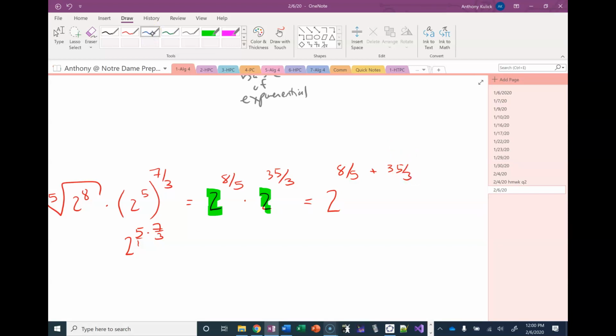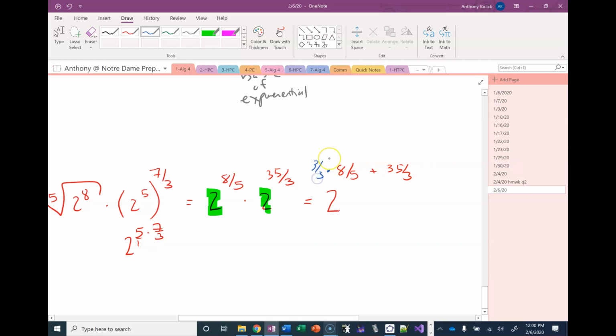In order to add those two fractions, what do I have to have? Common denominator. What would that common denominator be? 15 is correct.